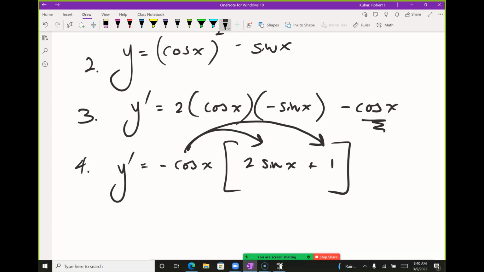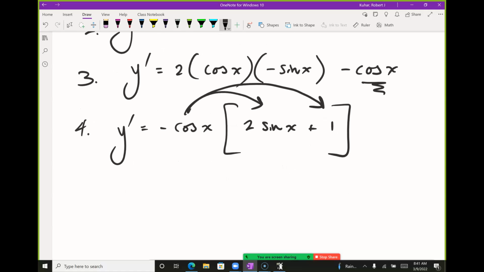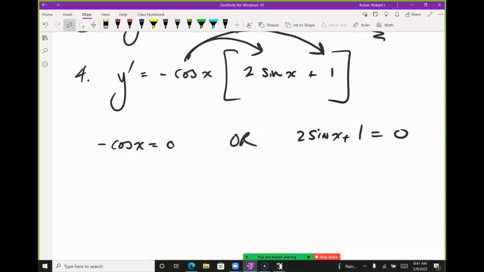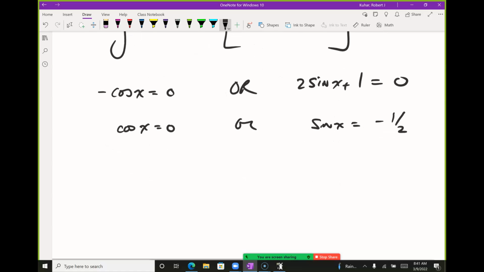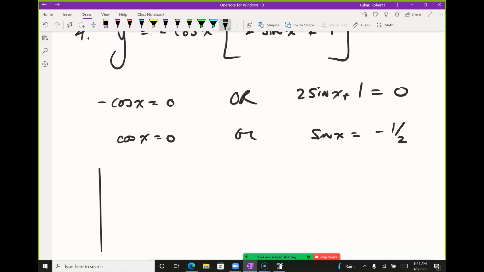So now I want to find where my factors are 0. So I want to find negative cos of x equal to 0, or 2 sine x plus 1 equal to 0. Oops, that's a sine x, believe it or not. So meaning I want to find cos of x equal to 0 or sine of x equal to minus 1/2. I do this quickly with a picture first.